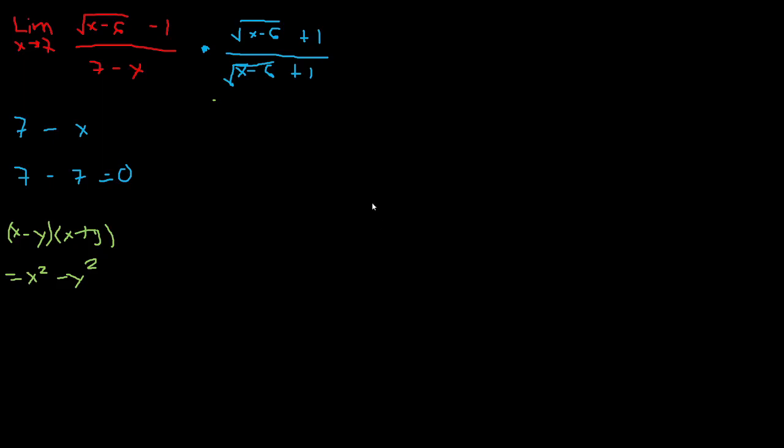Okay, so palitan ko lang yung ink color ko ng yellow. Ayan, so dito natin nilagay. So dito matatanggal lang yung kanyang radical. Kasi di ba, square root times square root. So, we have x minus 6 minus 1.